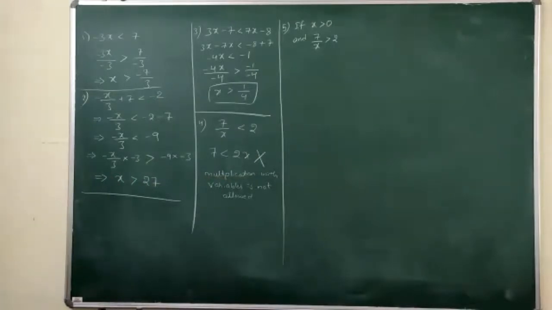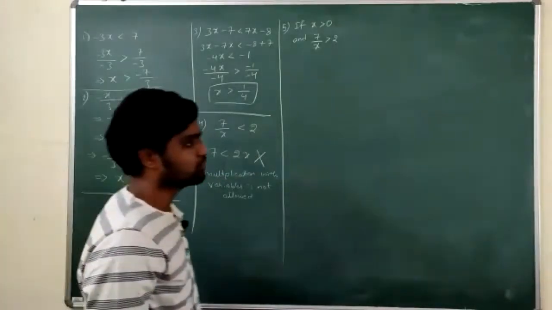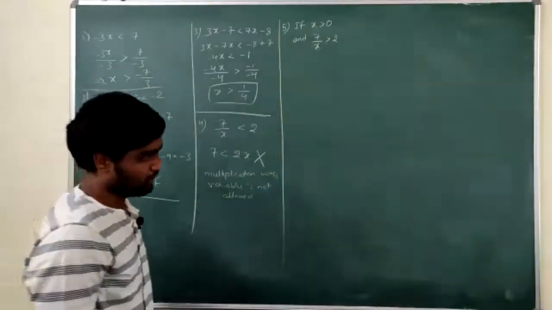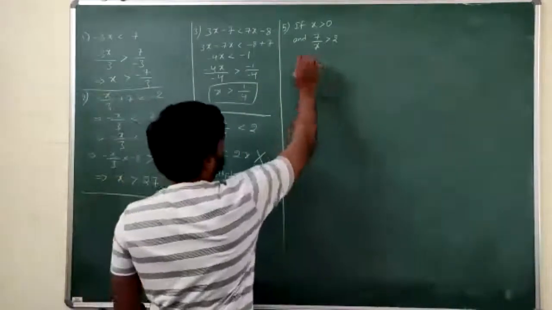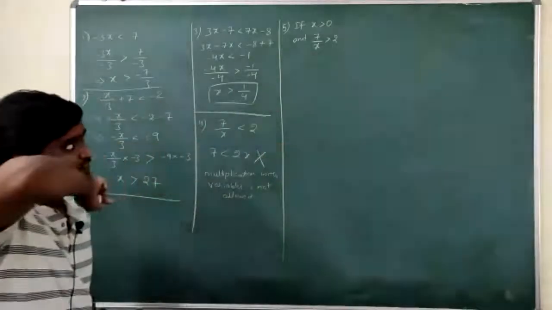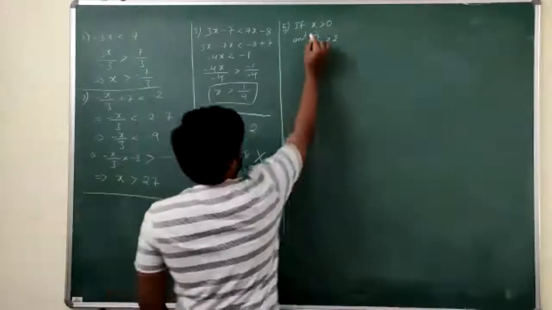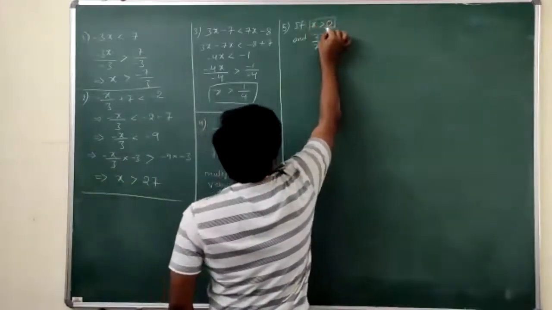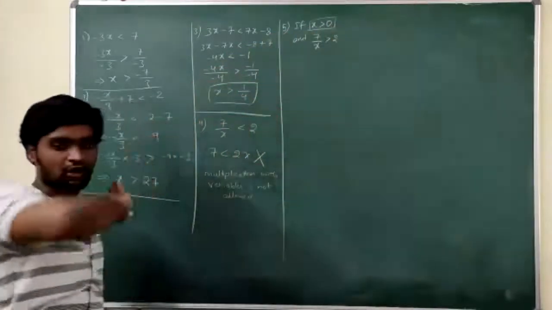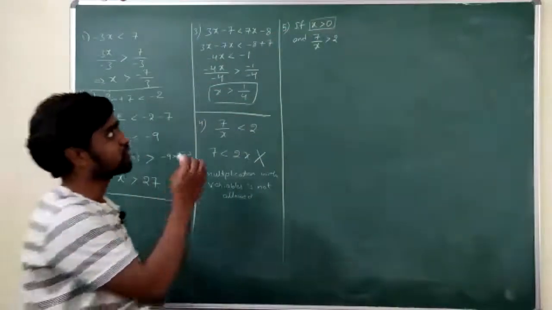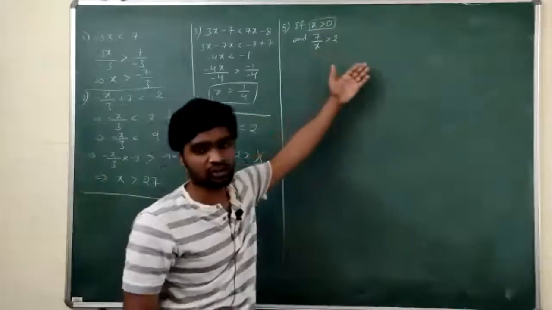Can you cross multiply with the variable x in this question? That is the question. So think. Already mentioned that x is positive. So now there is no confusion whether x is positive or negative.